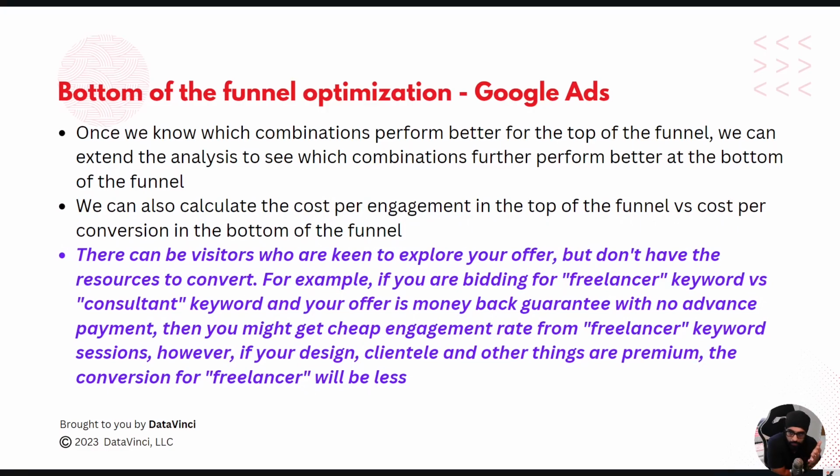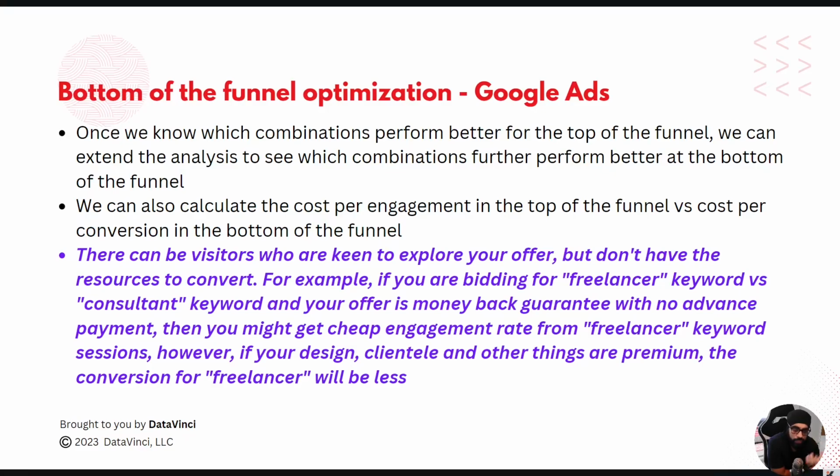So here's an example. There can be visitors who are keen to explore your offer but don't have the resources to convert. For example, I'm again taking the example of freelancer versus consultant keywords. Like we at Data Vinci, our value proposition is that we offer money back guarantee with no advance payment when we take up projects and assignments. So we might engage people who do not have a lot of resources.